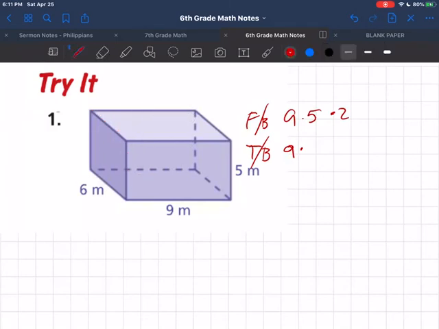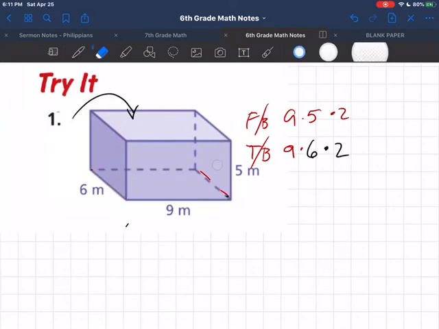Okay, so we're doing top and bottom. So that's this right here. They're the same. And it is 9 by 6. 9 times 6. And then there's 2 of those. I've got this, and I've got this top part. So there's 2 of those. And then lastly, I've got my sides, right?